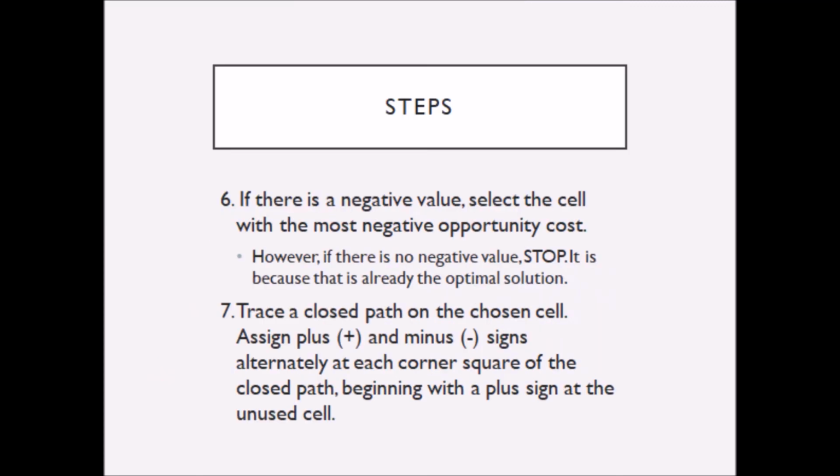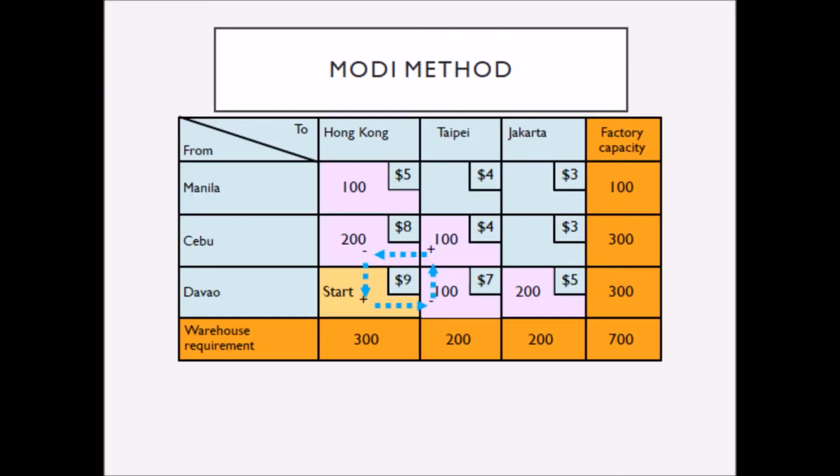And with that, we trace a closed path on the chosen cell and assign plus and minus signs alternately at each corner square of the closed path, beginning with a plus sign at the unused cell. So, just like in the stepping stone method, we start with the Davao to Hong Kong box and move to the right until we make a closed box.